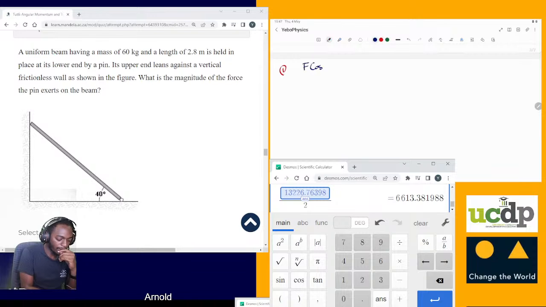F cos theta is equal to T cos 40, and F h of the hinge, right? That is the horizontal. And the second equation, we said, is what? So this is Fh in the x, and this will now be Fh in the y.